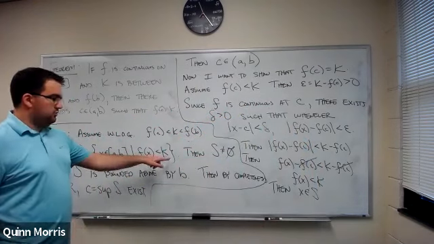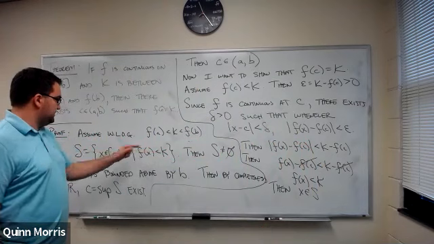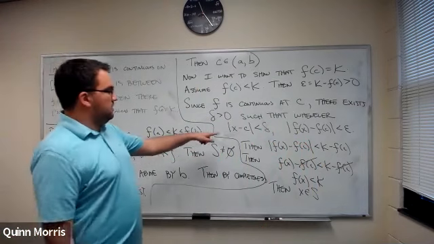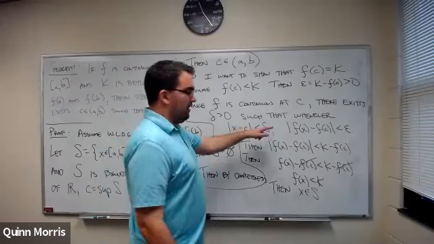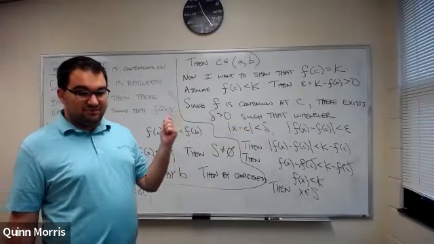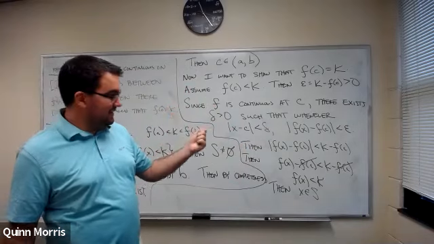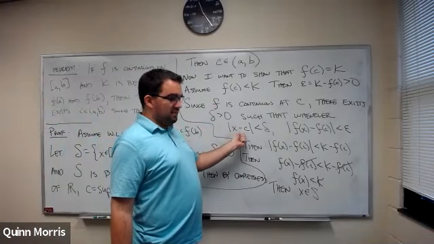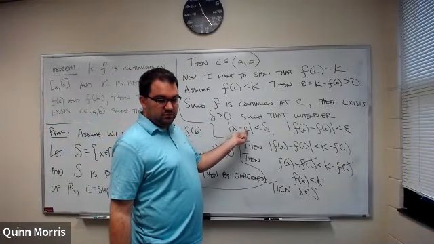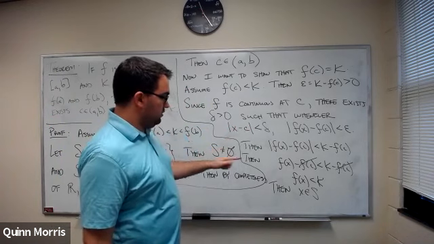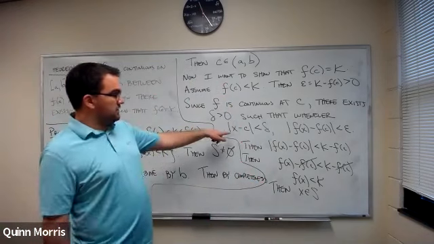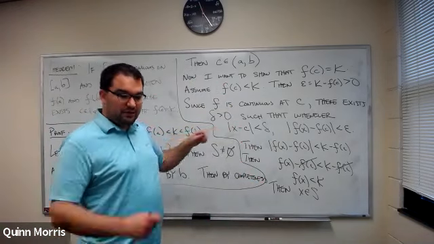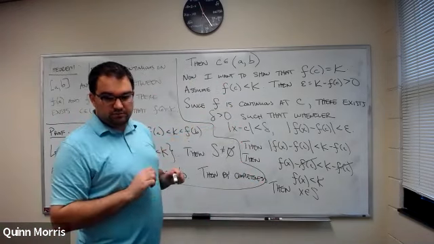Because x is a value such that f of x is less than k. But notice that x could be any value that's within delta of c, which means there are actually some values that are smaller than c that are in this set of potential x values. So this contradicts the fact that c is the least upper bound, because I should be able to find some other upper bound that's a little bit closer.